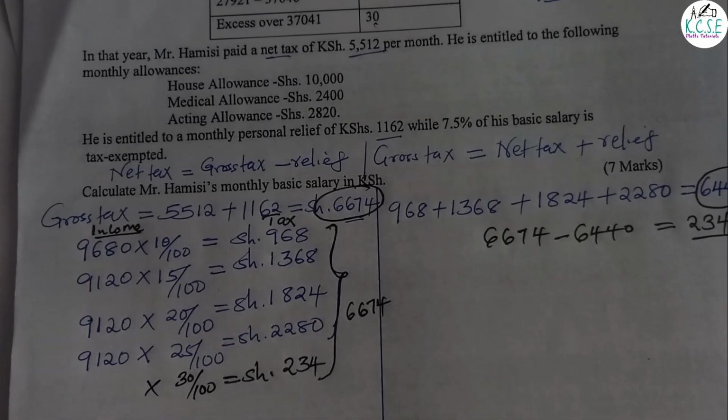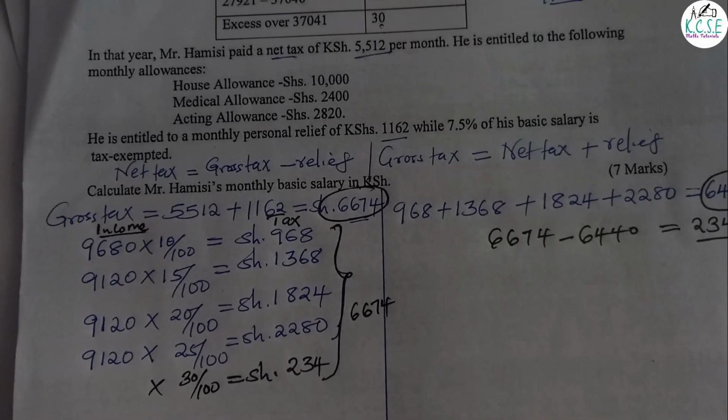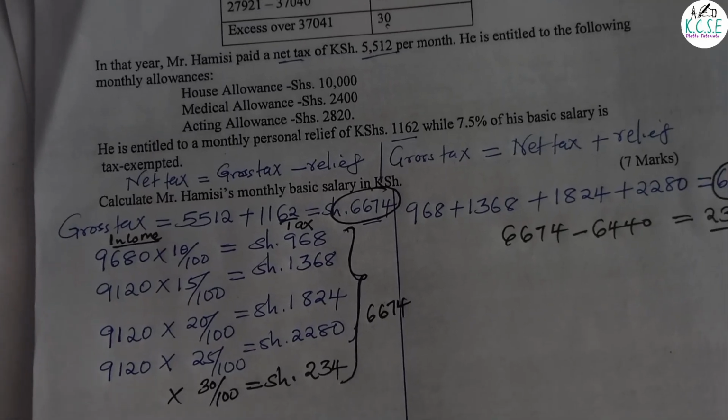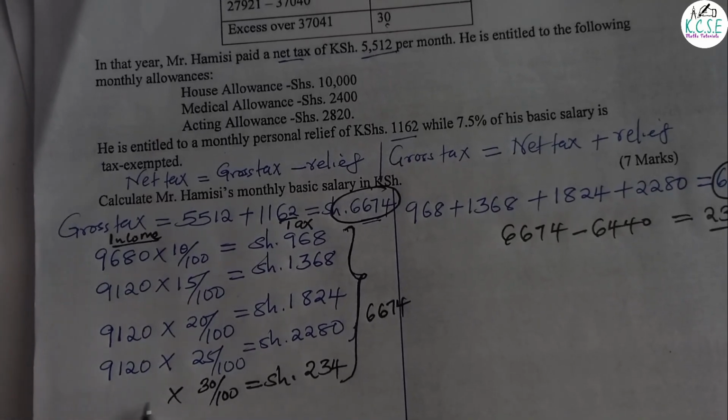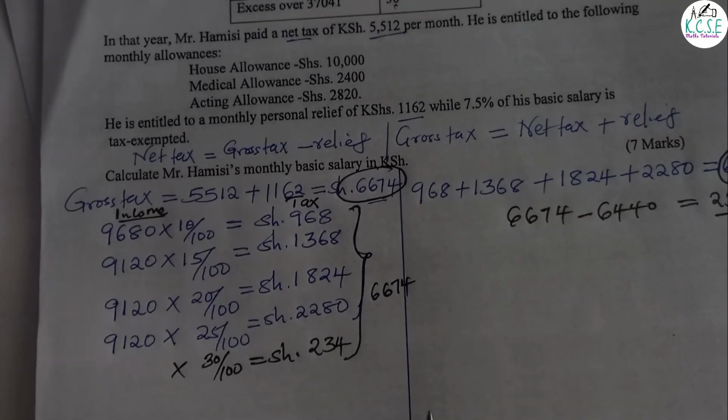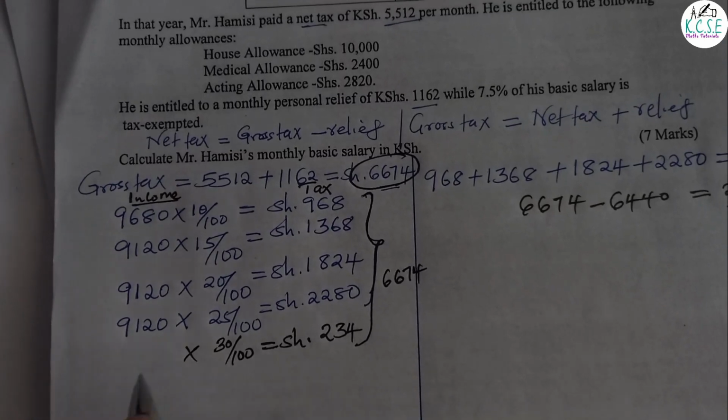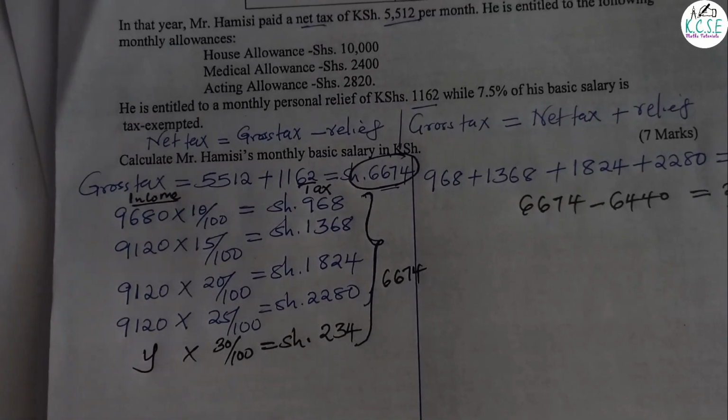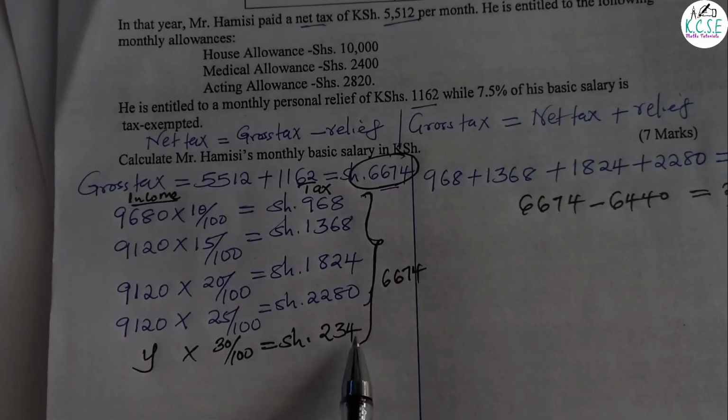But what we don't have is the taxable income that will be taxed at the rate of 30% to give 234. Since we don't know that, we can calculate it. We let it be y, and y multiplied by 30% should give 234.